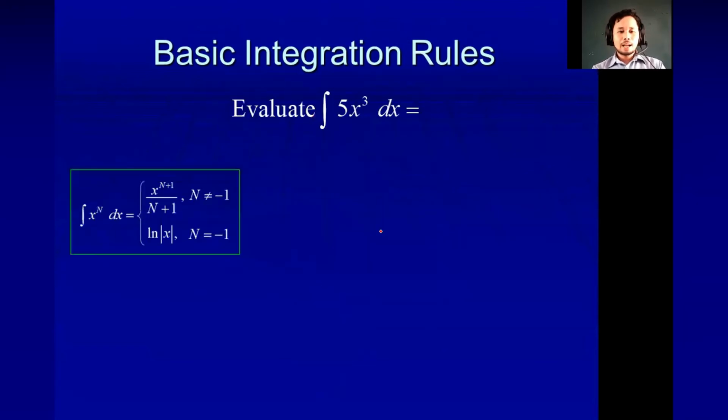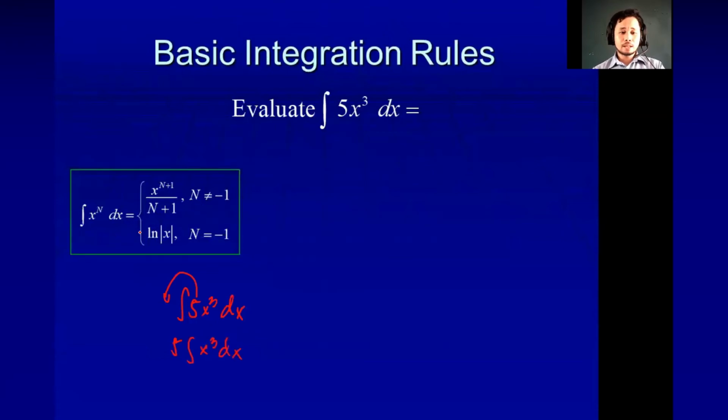For example, you're asked to evaluate the integral of 5x cubed dx. All you need to do is pull out 5. So let me copy that here. Antiderivative of 5x cubed dx. You pull out 5, so we have 5 and then get the antiderivative of x cubed dx.